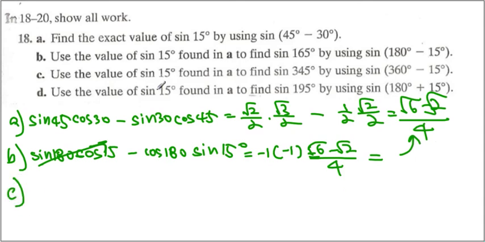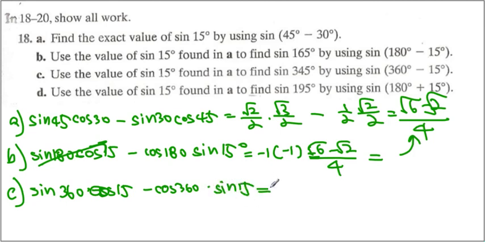Part C, use the value given and then do that. So we have sine of 360 times cosine of 15 minus cosine of 360 times sine of 15. What do we end up getting?